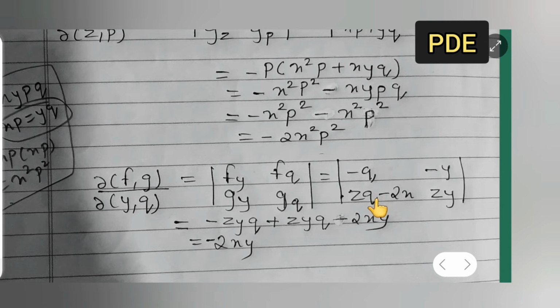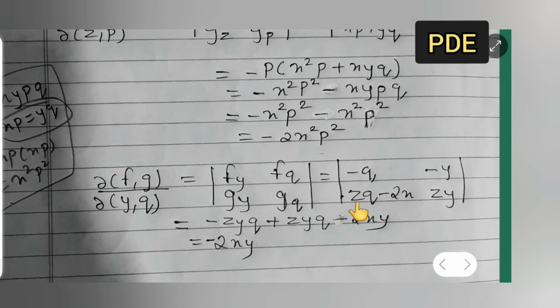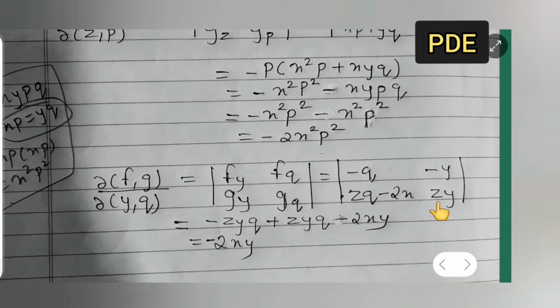Next, differentiate g with respect to y. What you all are going to get is zq minus 2x. Plug the value over here. Next, g differentiate with respect to q. What you all are going to get is zy. So plug the value over here.